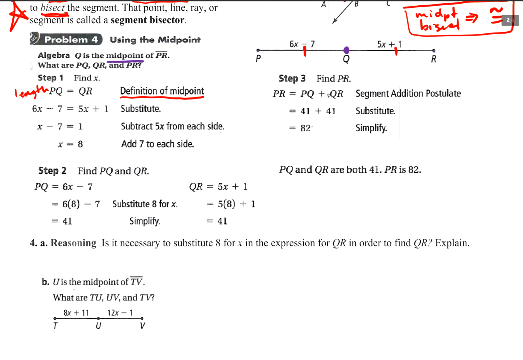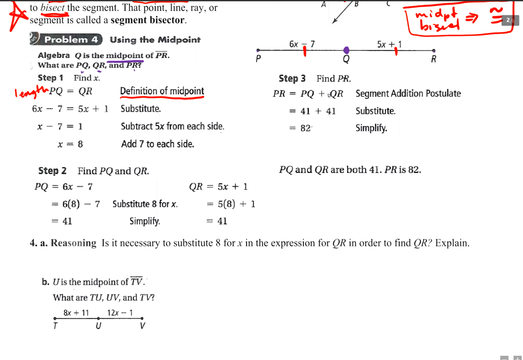Told you before, geometry gives you the reason why we're allowed to do the math. So we are using the definition of midpoint. We simply substitute in, solve for x, and then we are asked to find these three lengths.